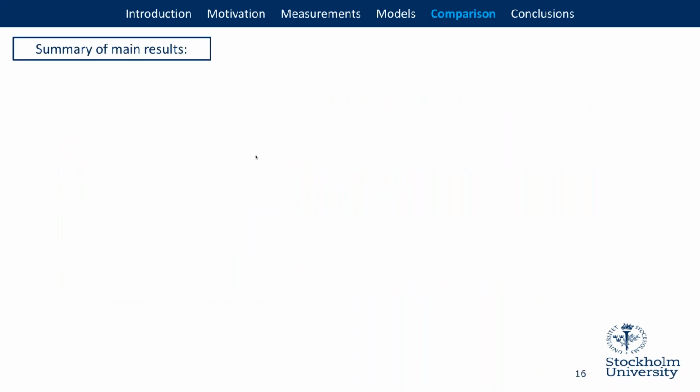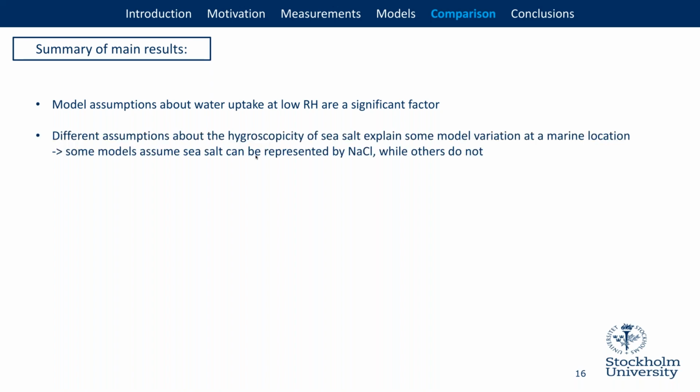So as a summary of my results, we saw that the model assumptions about water uptake at low relative humidity values are a significant factor. We saw that different assumptions about the hygroscopicity of sea salt explain some model variation at a marine location, which was Graciosa. Some models assume sea salt can be represented by sodium chloride, while other models do not assume this.